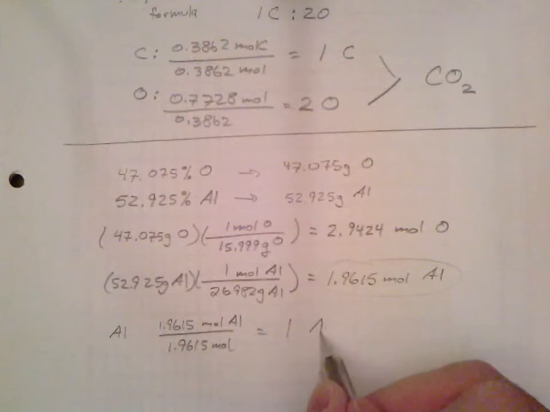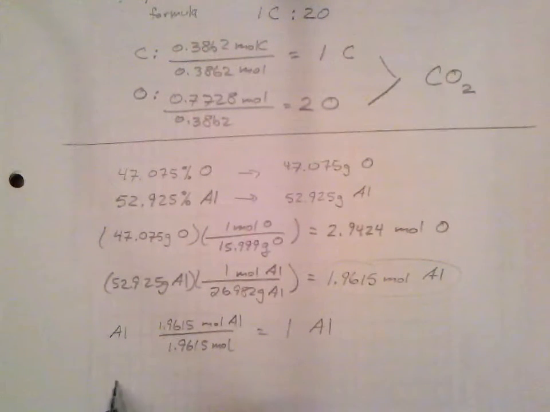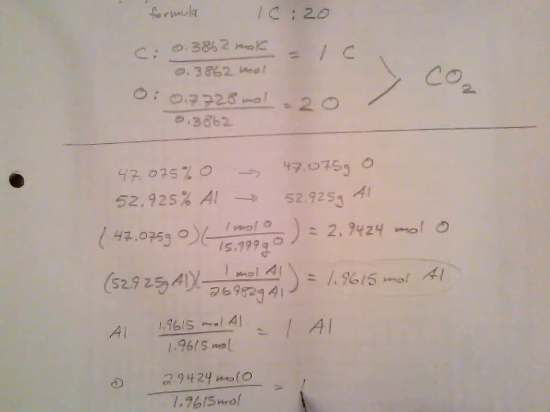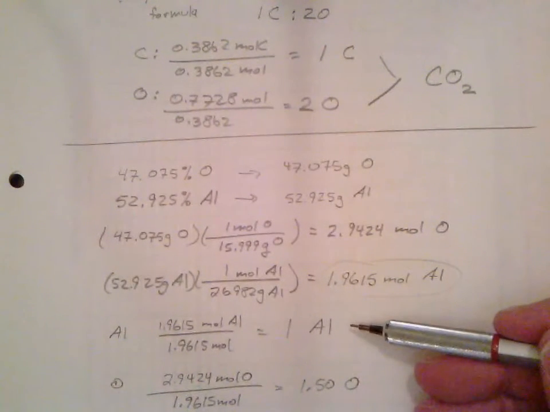For every aluminum then, let's see how much oxygen there is. We have 2.9424 moles of oxygen divided by 1.9615 moles of aluminum, and that equals 1.50 oxygens. That means that there's 1.5 oxygen atoms for every 1 aluminum atom.